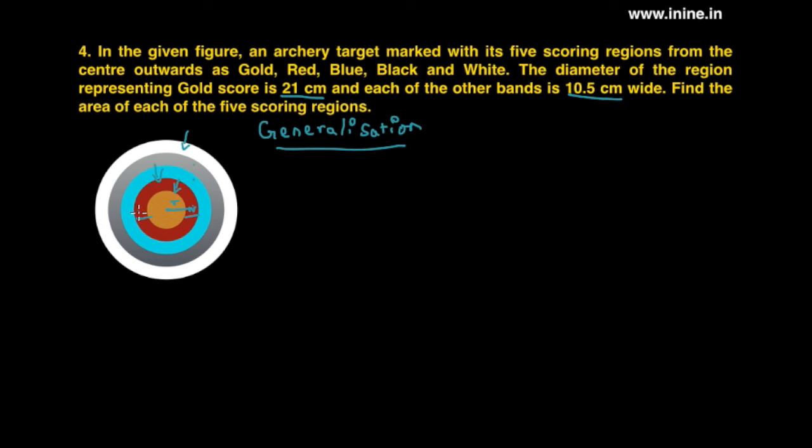So width will be on both sides, so this is W again, and this is again R. Now you can notice that R equal to 21 by 2, which is equal to 10.5 centimeter, and W is also equal to 10.5 centimeter. So therefore, R is equal to W.